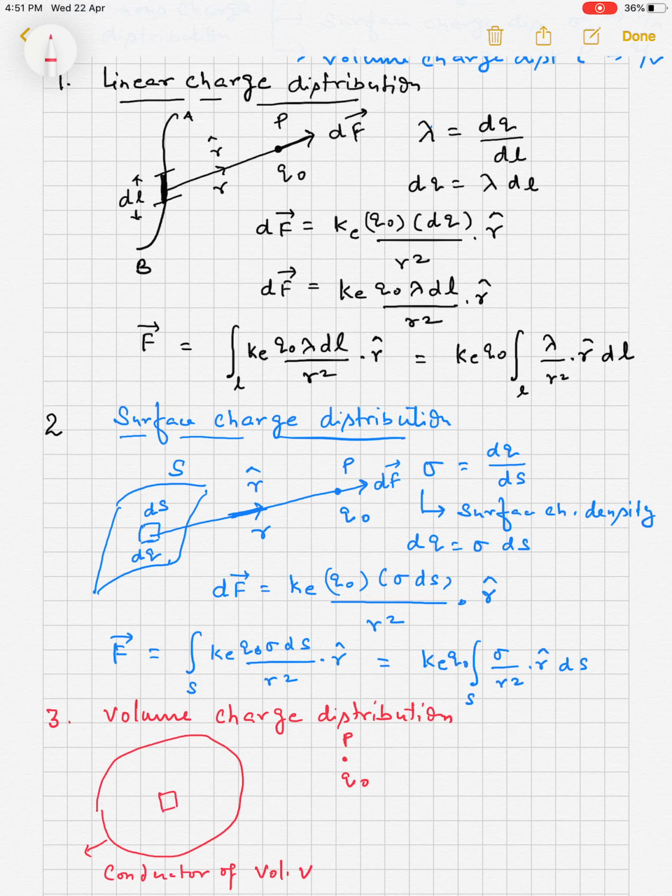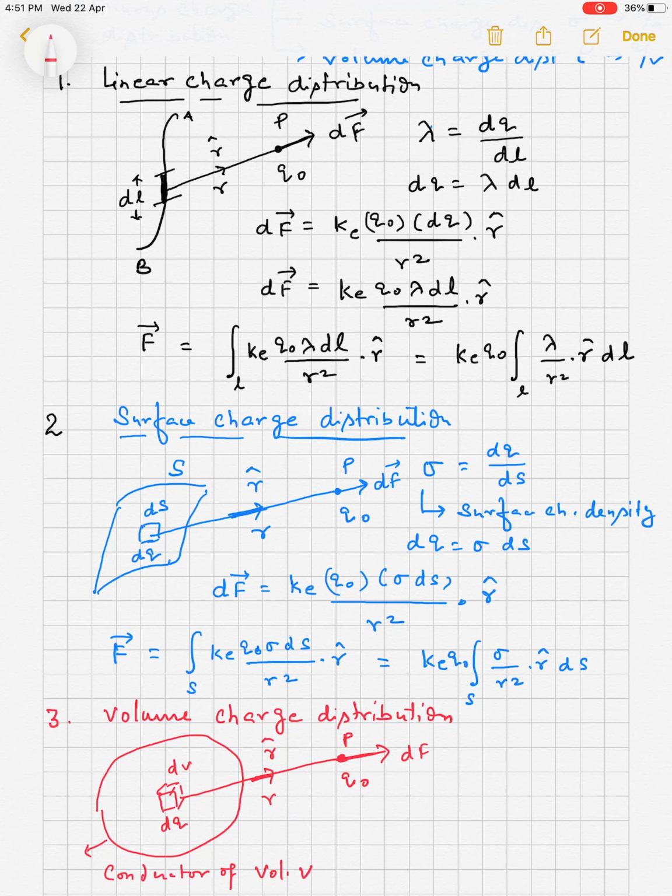So we consider a volume element of this conductor. Suppose the volume of this element is dV, over which the charge dq is there, and we have to find the force due to this element. Suppose the distance from its center point up to P is r, and r is a unit vector in this direction. According to Coulomb, the force will be along the line.